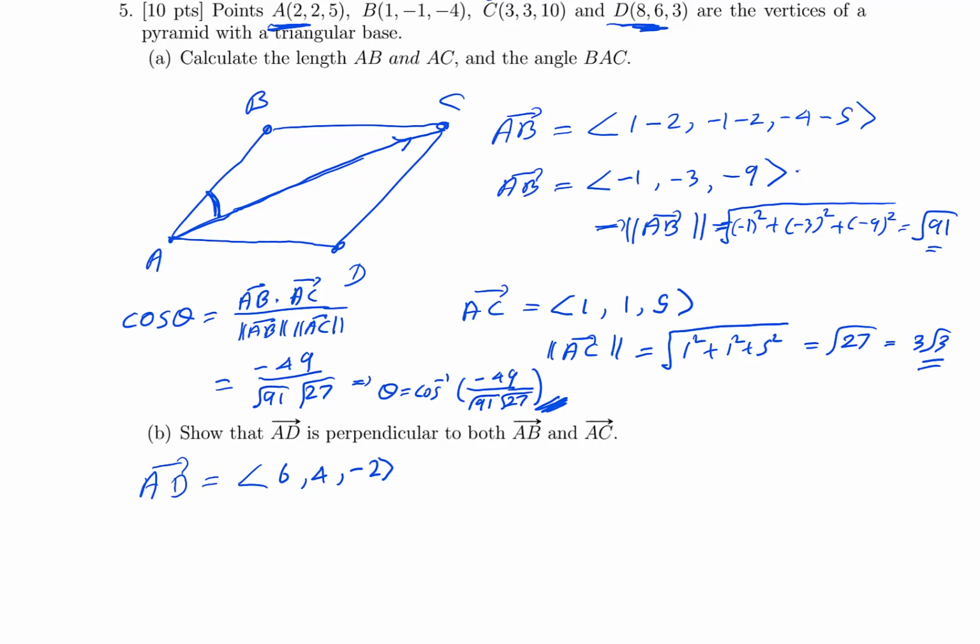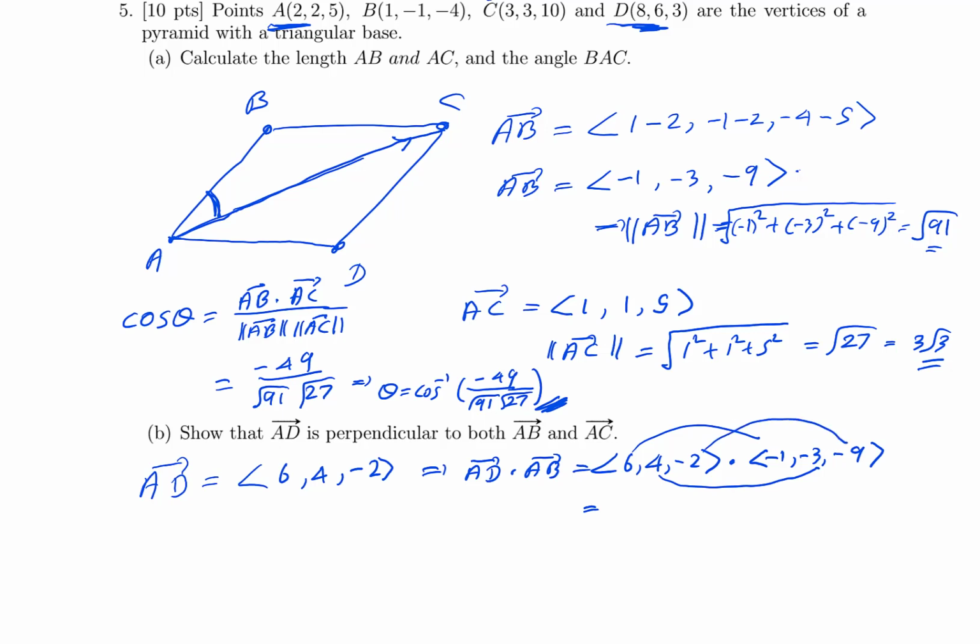So then we can get AD dot AB. AD is 6, 4, negative 2. AB is, we know, negative 1, negative 3, negative 9. So what is this answer? You see negative 6, negative 12, then negative 18 and positive 18. Therefore, the answer is 0. That means the dot product is 0, and a dot product of 0 means AD is perpendicular to AB.